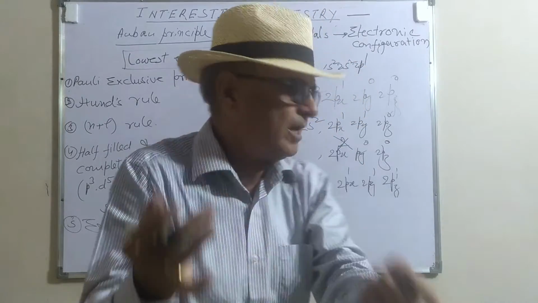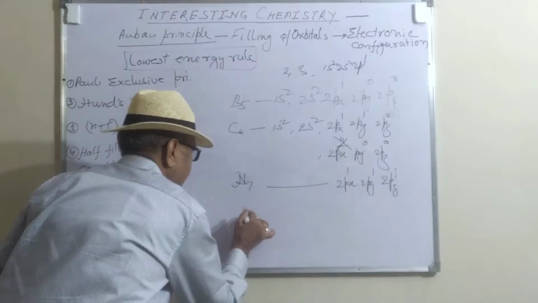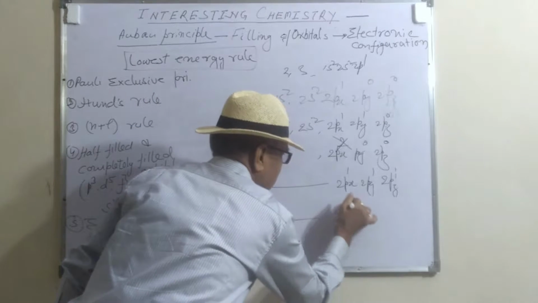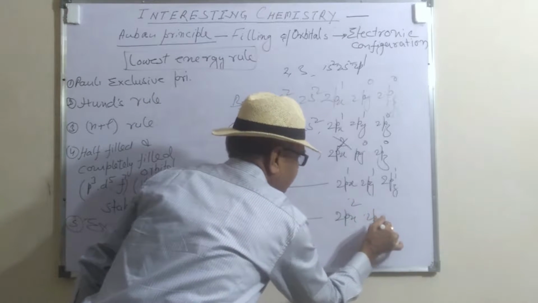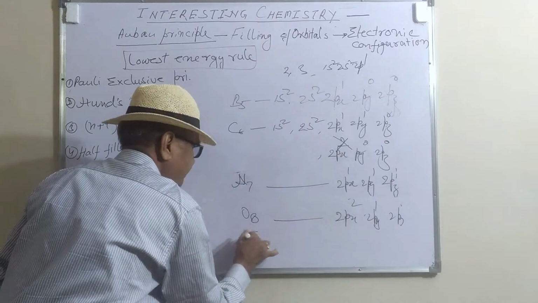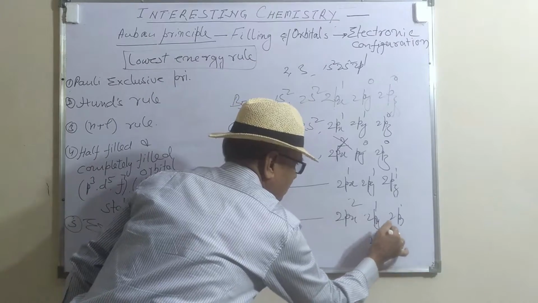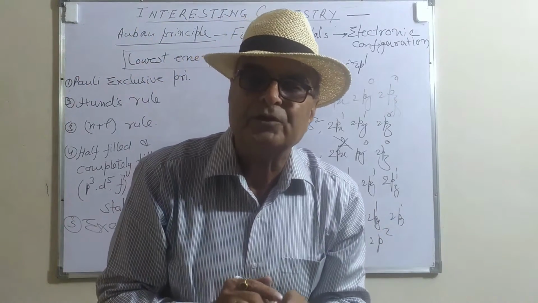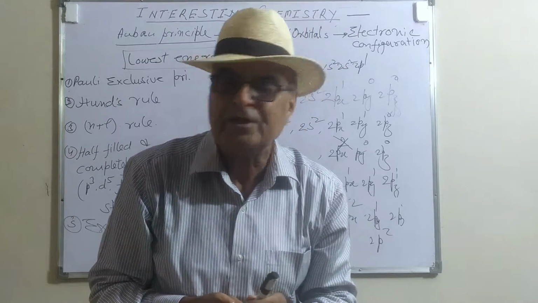Now the pairing starts. Now oxygen number 8 will be 2px2, 2py1, 2pz1. And now fluorine will be 2p5 and so on. This is about Hund's rule.